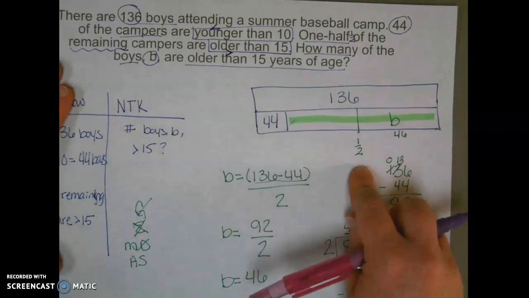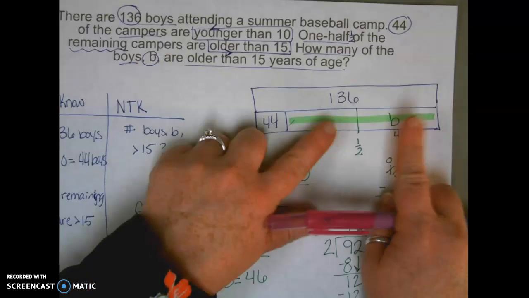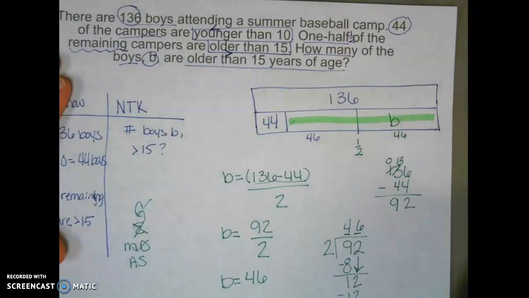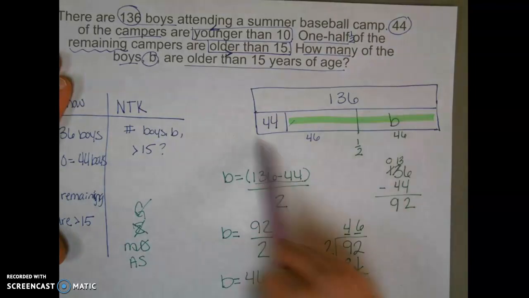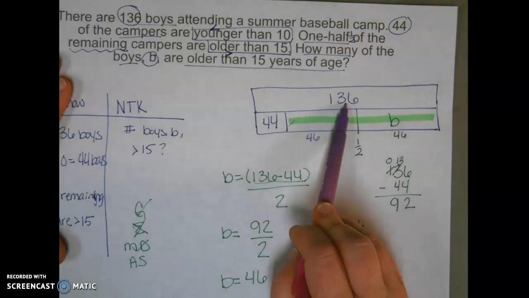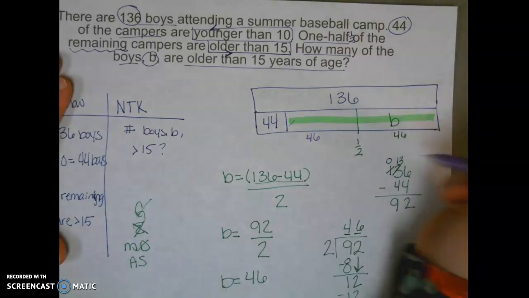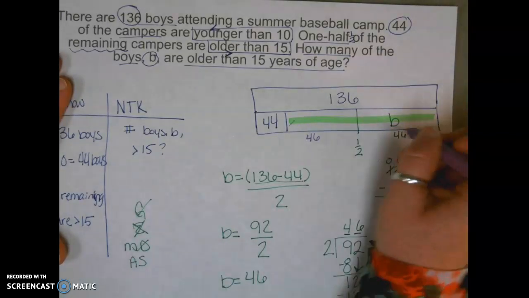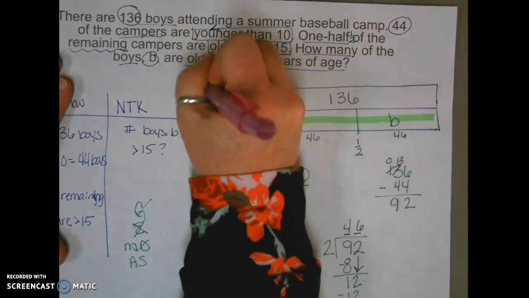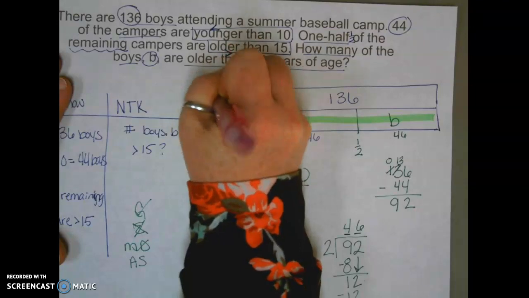So knowing this whole bar was divided in half to get this side, that means my two sides are equal. So I can check my work by saying if I put all of these together, it should equal 136. I am going to start with 46 plus 46, so this will be my check area.